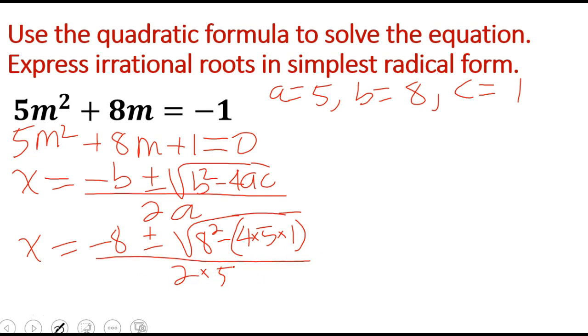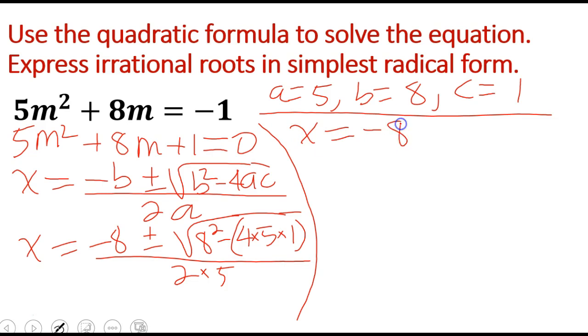Okay, so we have x equals negative 8 plus or minus square root of 8 times 8. 8 times 8 is 64, minus 4 times 5 is 20, times 1 is 20, all over 2 times 5 is 10.